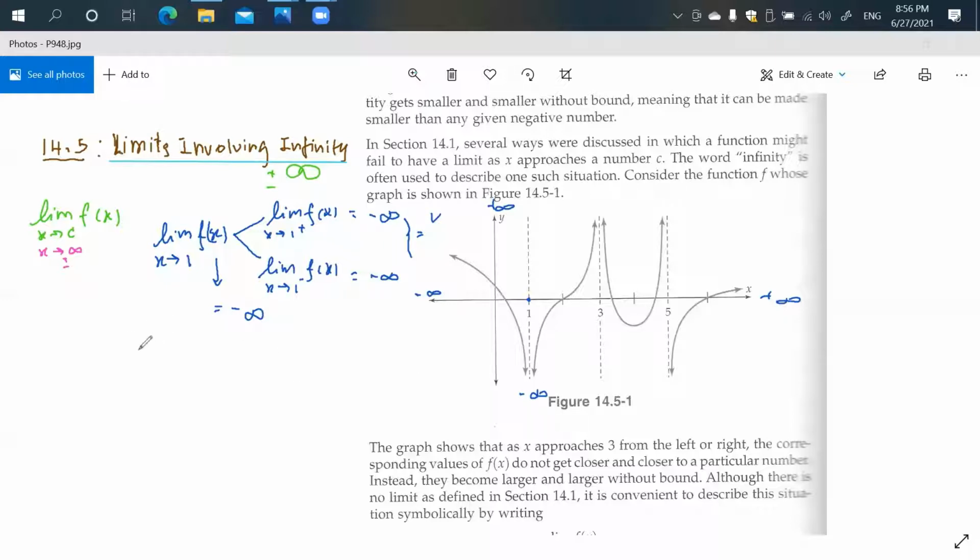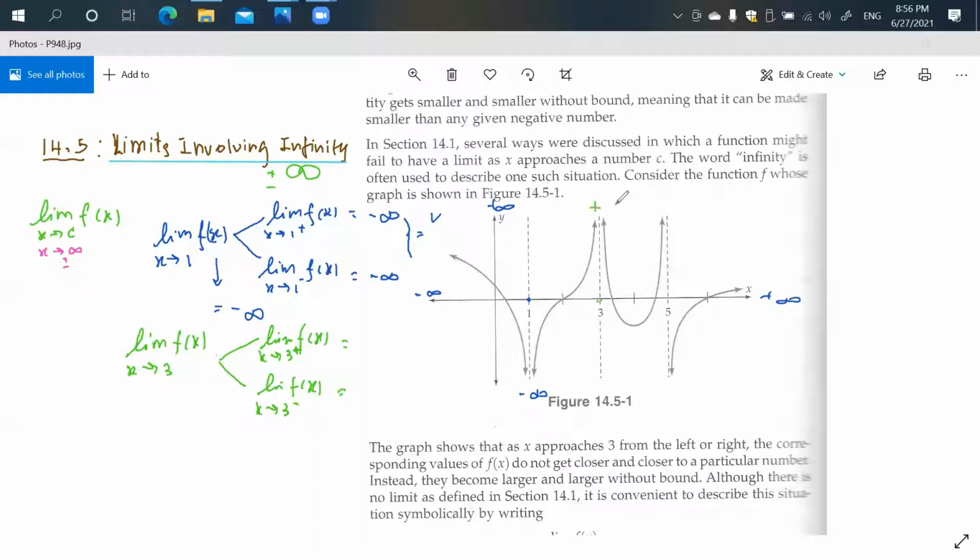Now if I ask you the limit of f of x when x approaches 3, again, with only 3, that means we have to consider from left and right, correct? So the limit of f of x when x approaches 3 plus, and the limit of f of x when x approaches 3 negative. The right hand limit means this graph, which approaches closer to x equal to 3.